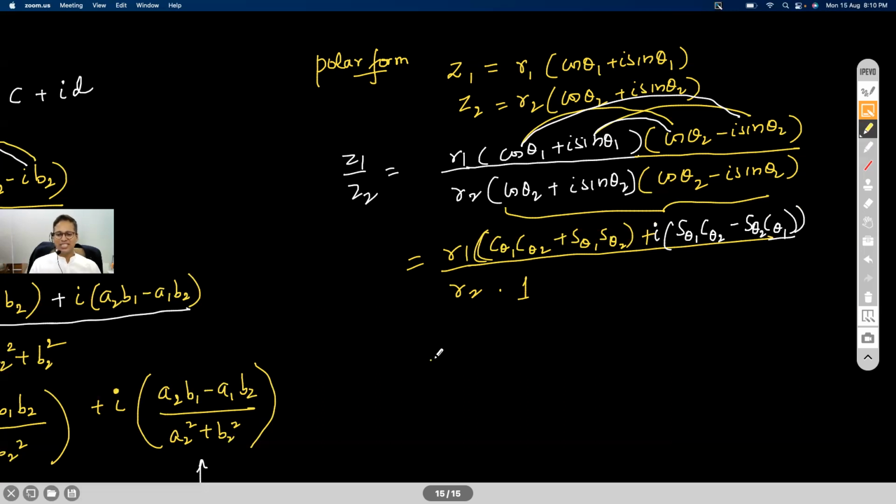So overall, it is becoming r1 by r2 (cos(theta1 - theta2) + i sin(theta1 - theta2)).